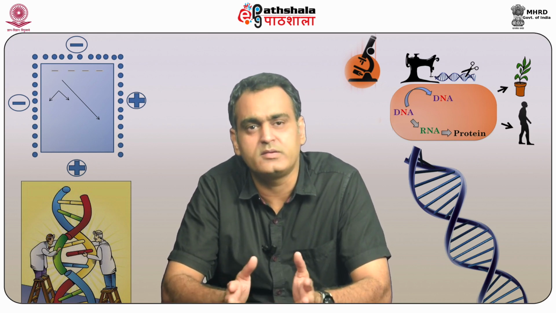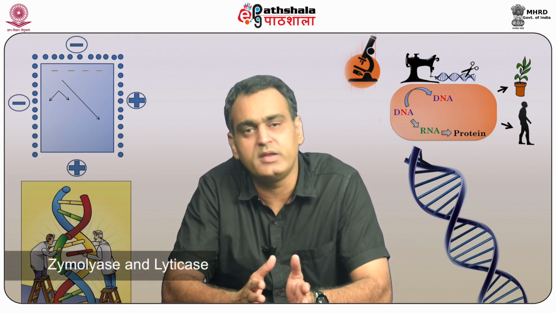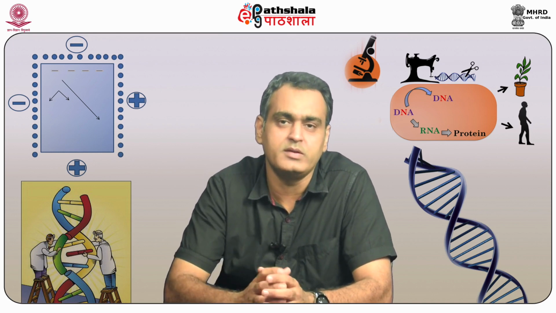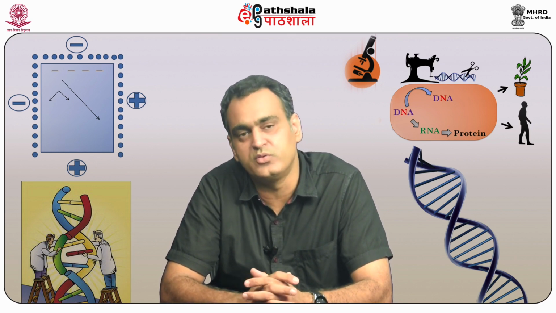In certain cases, like extraction of proteins from yeast, enzymes like zymolase and lyticase are used, while for extraction of proteins from filamentous fungi, the enzyme chitinase is often used.